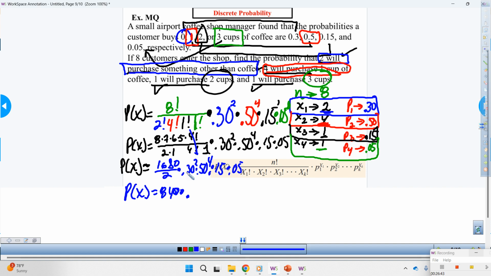0.30 squared is 0.09, is that correct? Times 0.50 to the 4th.